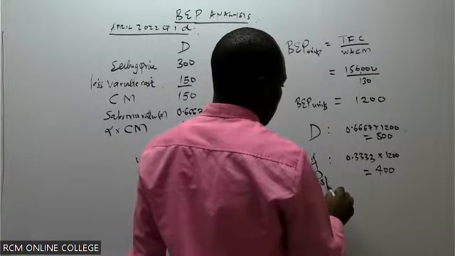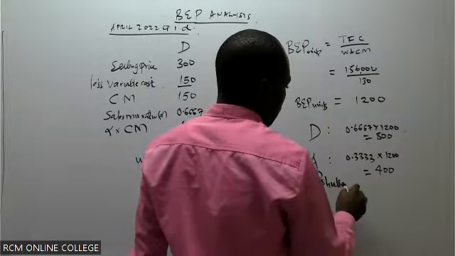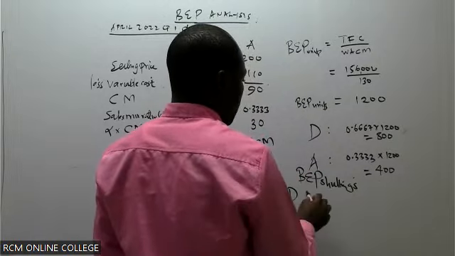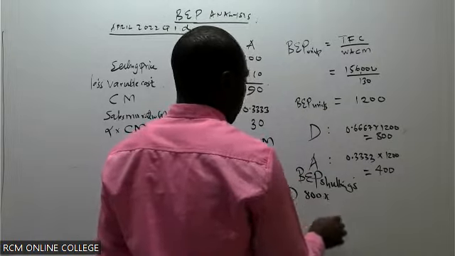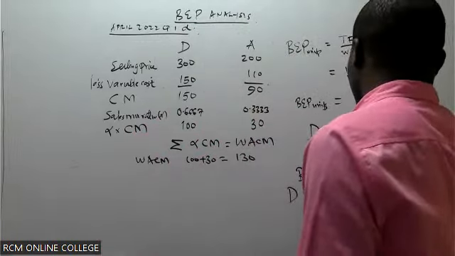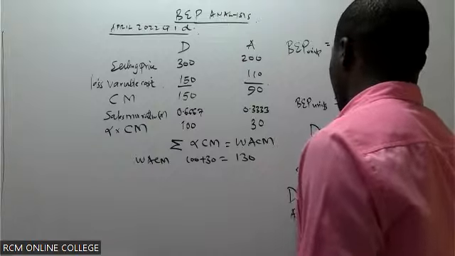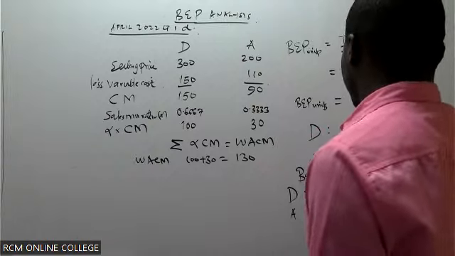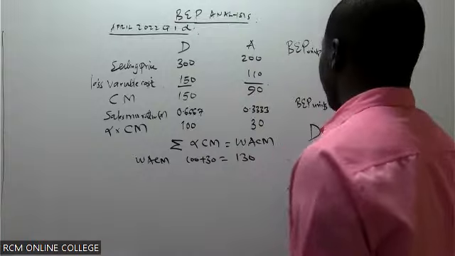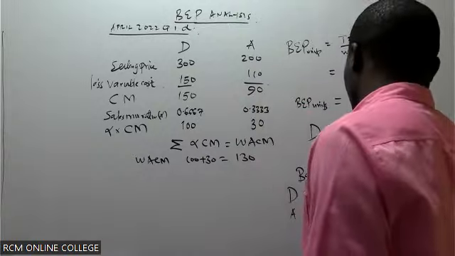Good. Go ahead and give us now the break-even point in shillings. D will be having 800 units. We multiply by the selling price per unit of D, which is 300. And then for A, you will take 400 units multiplied by the selling price per unit, which is 200.